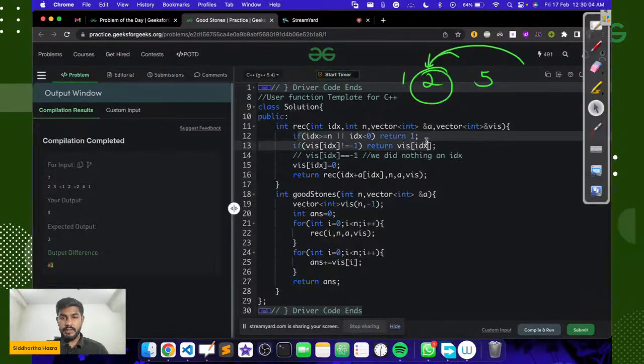If i is greater than or equal to n, return the value of 1, else visited array of idx. We need to just save it also.